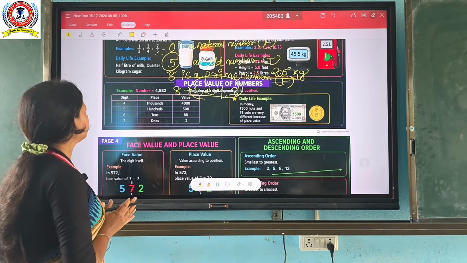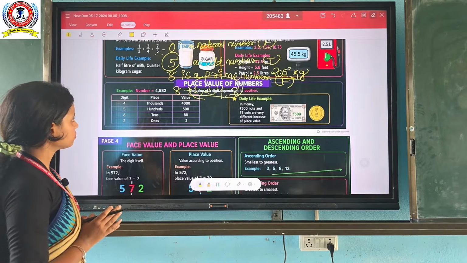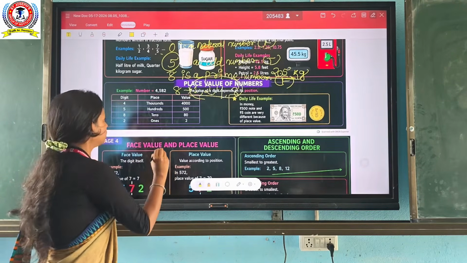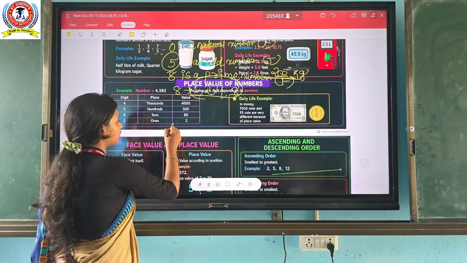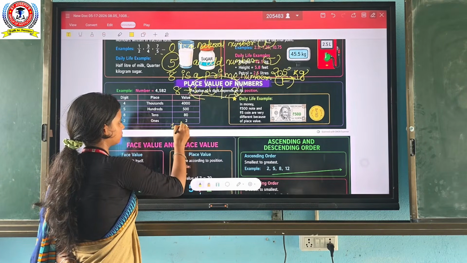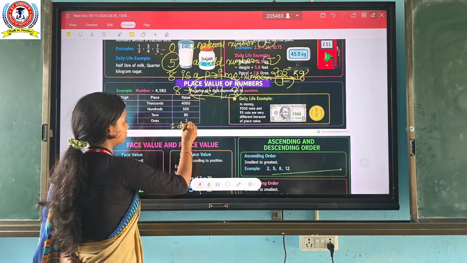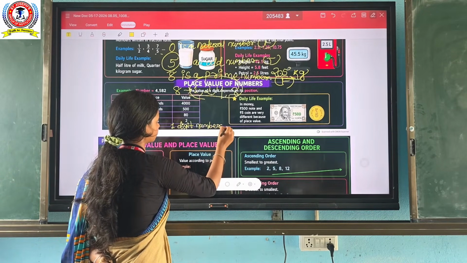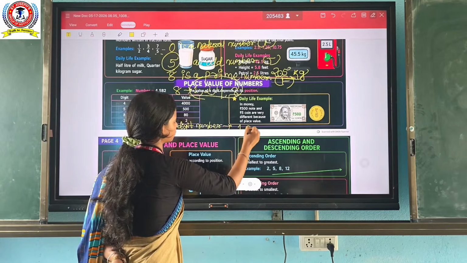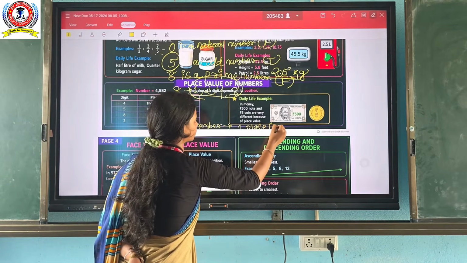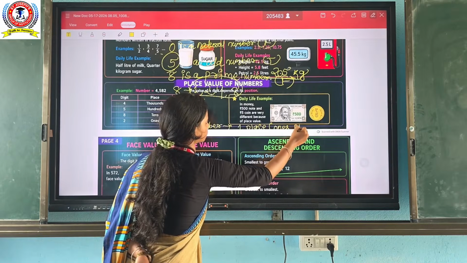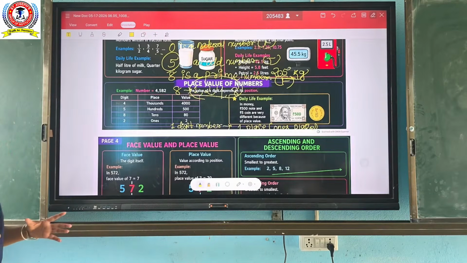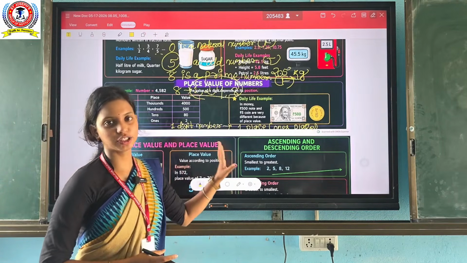So next thing we have to know about is the place value of numbers. So in a 1 digit number there is only one place, that is the ones place.